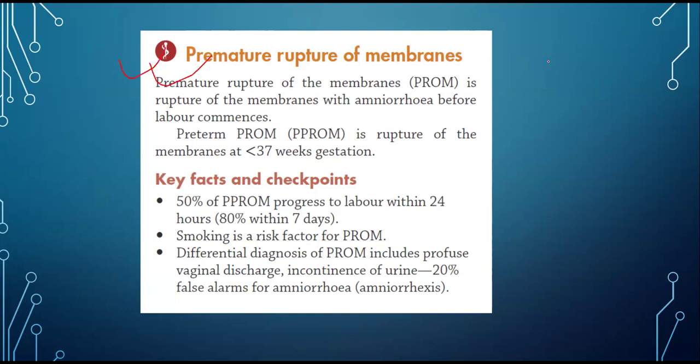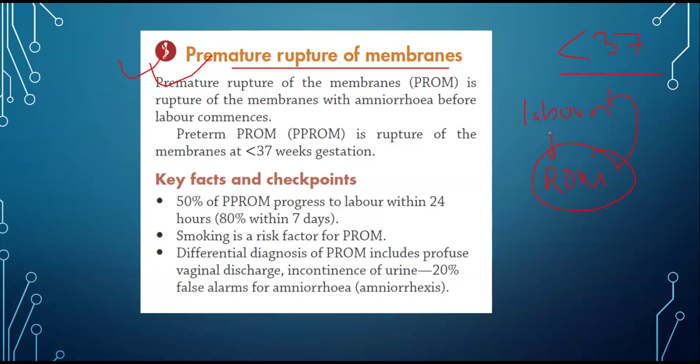So preterm labor means onset of labor before 37 weeks. What is premature rupture of membrane? Premature rupture of membrane is this: the labor pain should start first, followed by rupture of membrane. But if rupture of membrane happens before labor pain starts, that's called premature rupture of membrane.